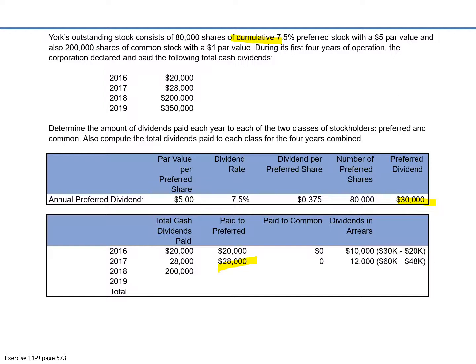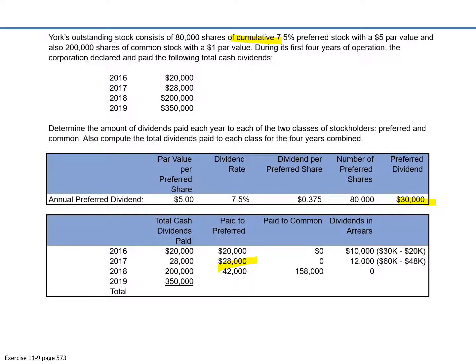Then in 2018, we paid $200,000. So what we're going to pay to our preferred shareholders is the annual 30 plus the 12 that's in arrears. So we're going to pay them a total of 42. And then the net, what's left over, is going to get paid to our common shareholders, $158,000. So now we have 0 dividends in arrears because we caught it up, right?